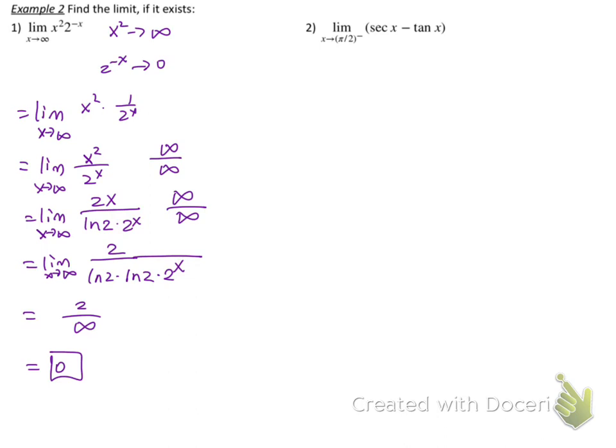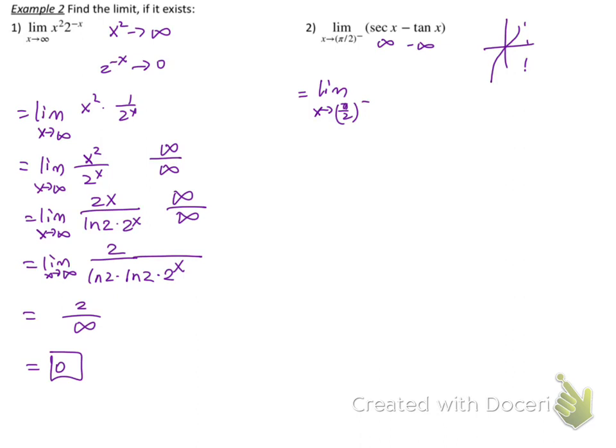Cosine at pi over 2 is 0, so it's really 1 over 0, which is infinity. And that's why you need a negative side or positive side. So this is positive infinity, and tan, I hope you know, looks like this. So that's another positive infinity. We have an infinity minus infinity case.